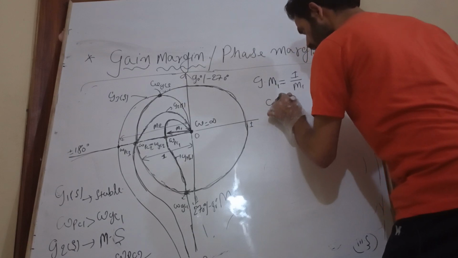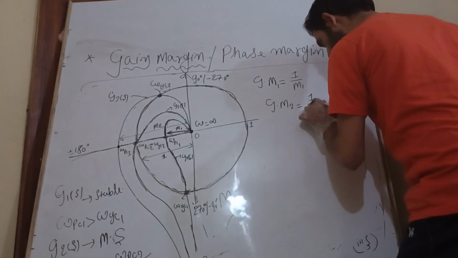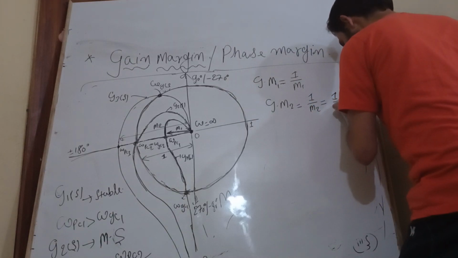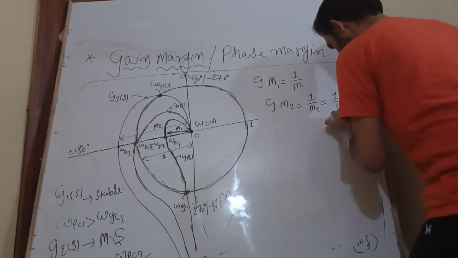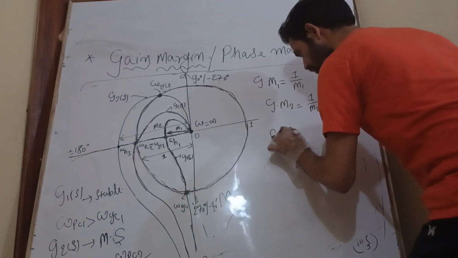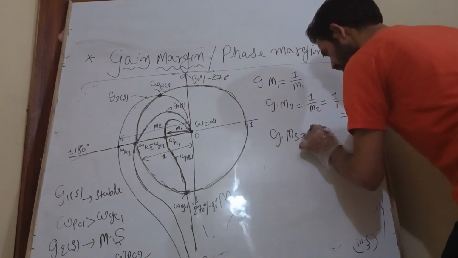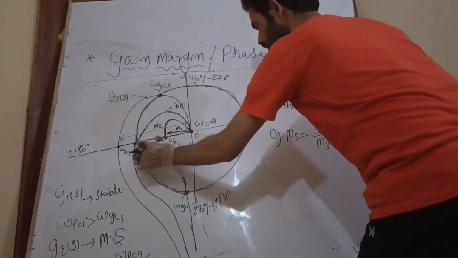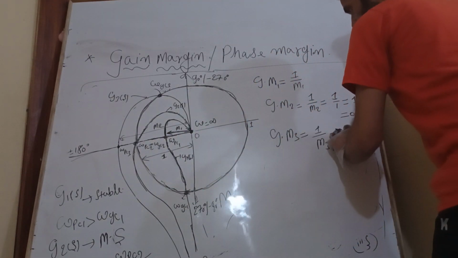Gain margin for system 2 is 1 by m2, where m2 is just 1. So this is 1 in linear, and it is 0 in dB. Gain margin 3 is the reciprocal, 1 by m3.